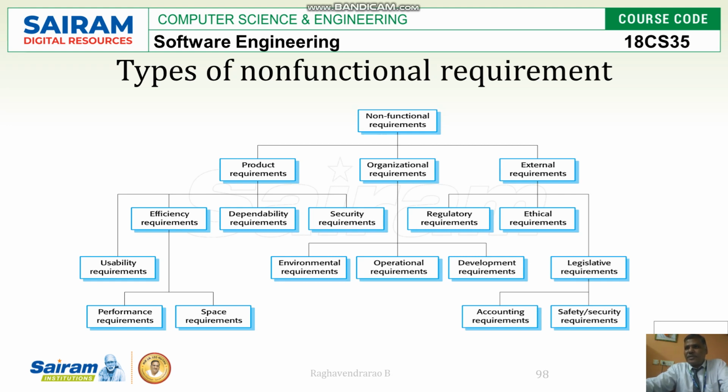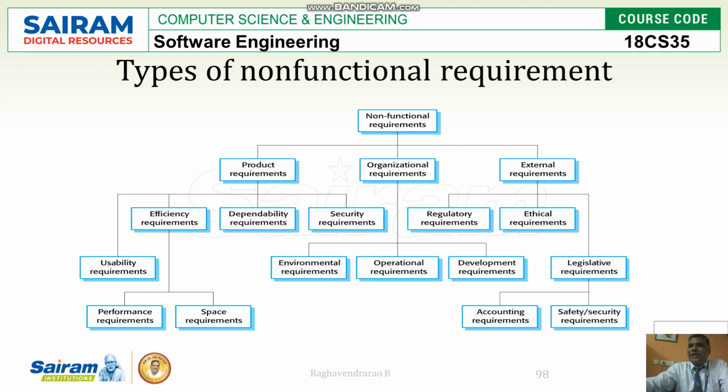In the external requirements, there are regulatory requirements, ethical requirements, and legislative requirements. These things come under the non-functional part of your requirements. The product requirements are different, and the organizational requirements are different.